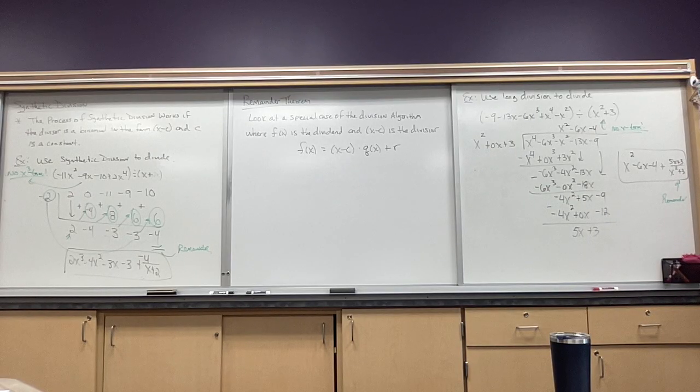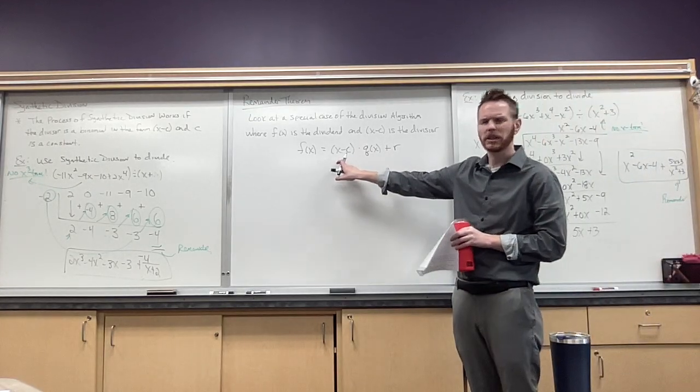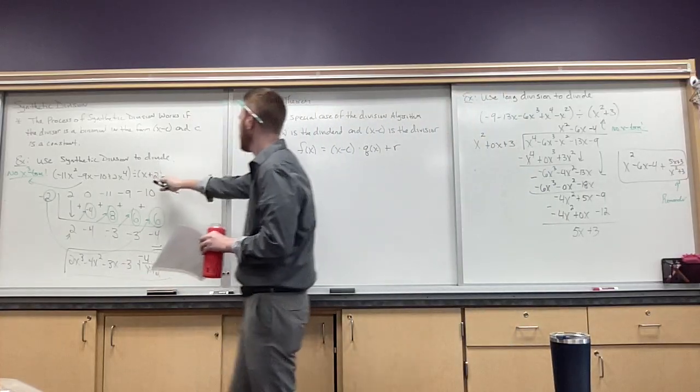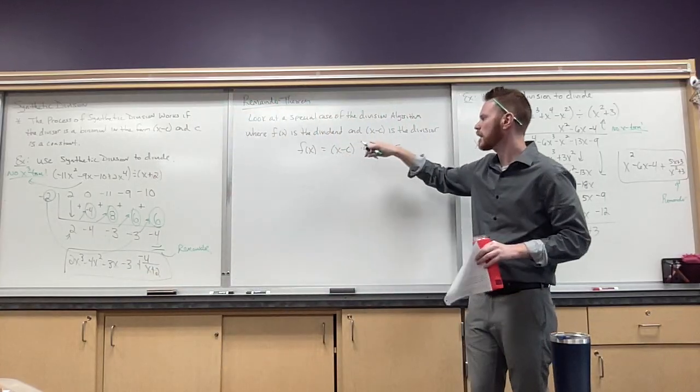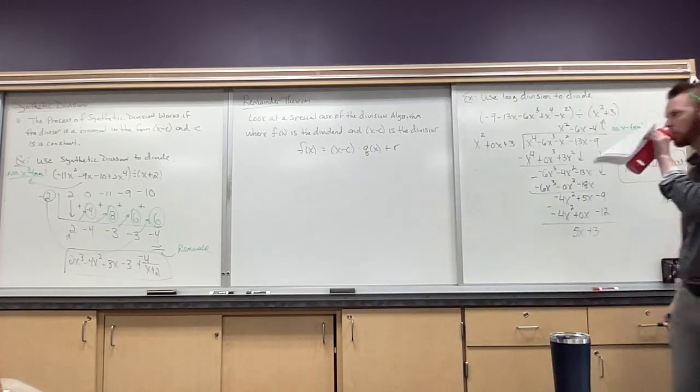So again, it's just like the normal division algorithm I had before. Instead of me putting, I think I had a d of x here originally. So this is just like the x, oh, this got erased. That's like the x plus 2. So x plus 2 times what plus the remainder gives me what I had originally.